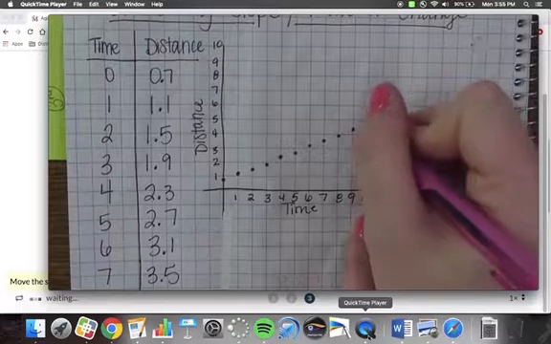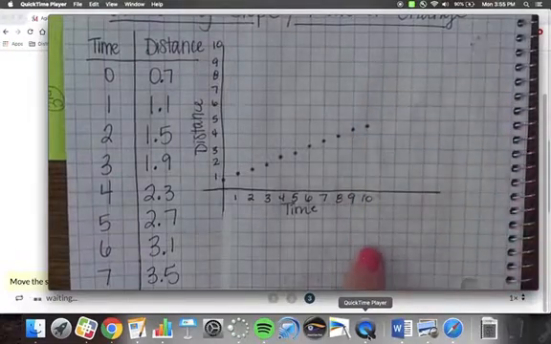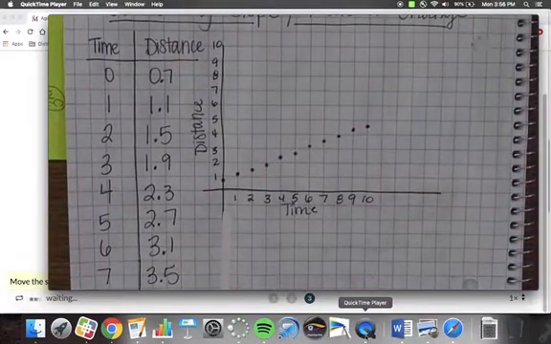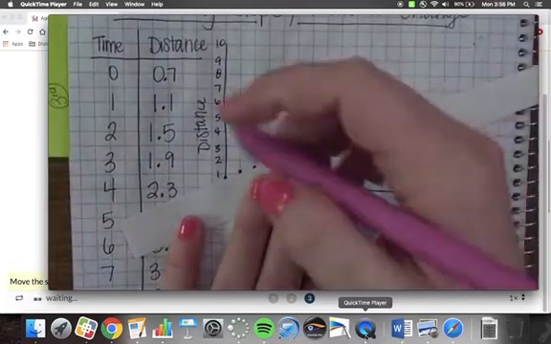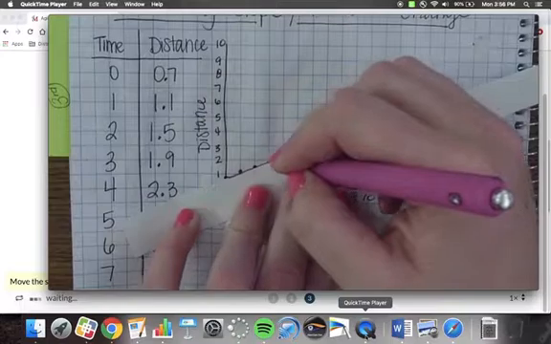And then 10 would be 4.7. And then you can use a ruler or some straight edge to make that line.